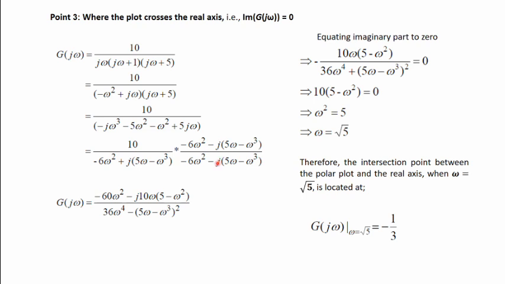In this way G of j omega comes out like this.